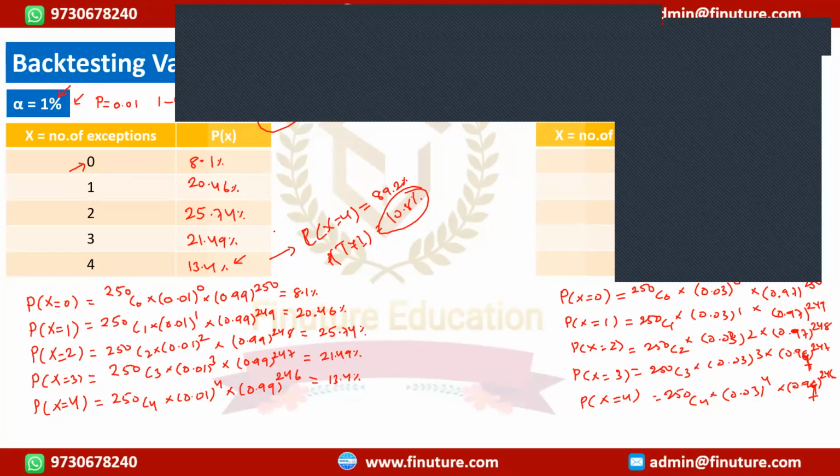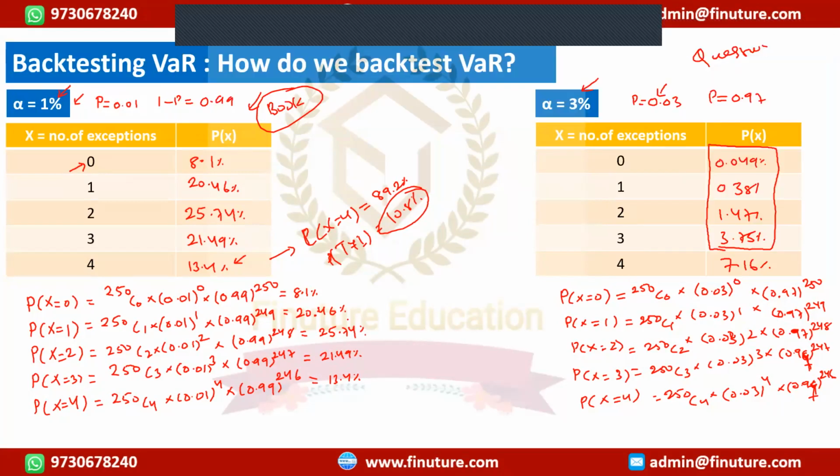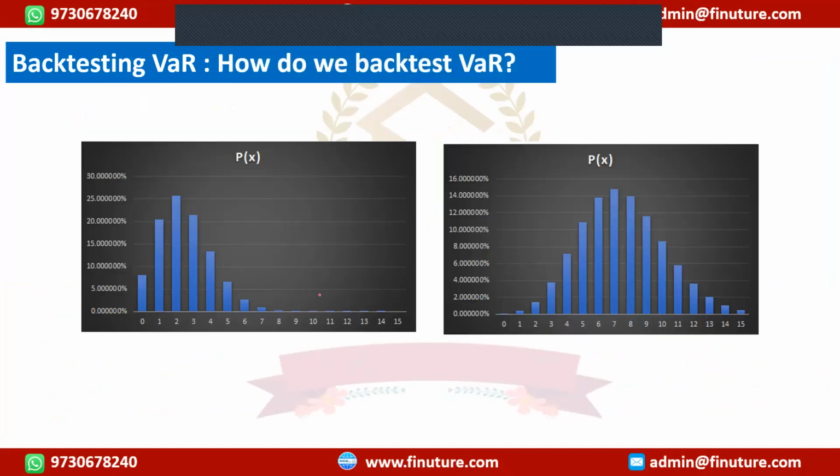In Excel it's quite easy, but I would strongly emphasize that you calculate and check if the numbers are as expected. So this is what you calculated, and this is what is there in your book also. You may cross verify this. This is for P equal to 1%. This is for P equal to 3%.